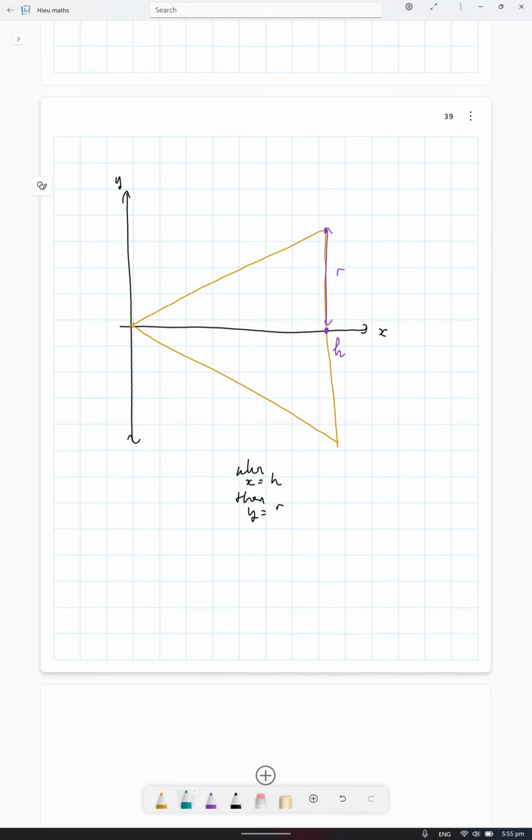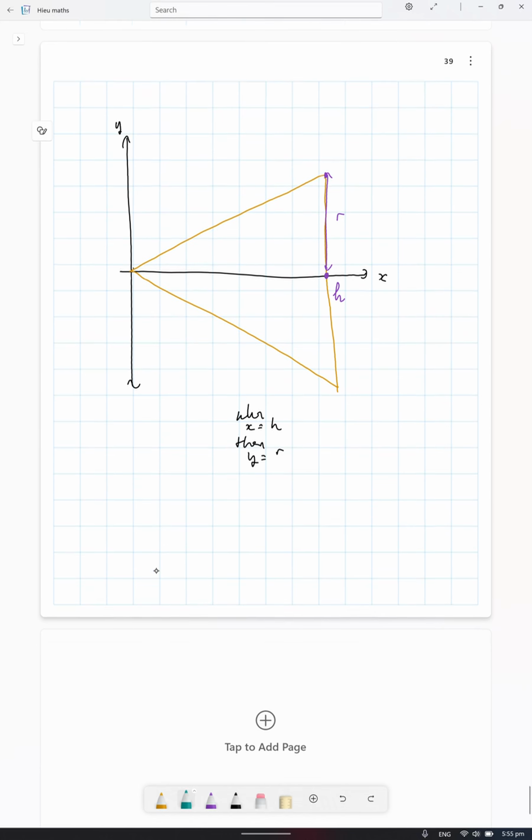The idea is that if I take this triangle, the large one, it has a ratio, I'm going to draw a new one, of r to h, right? And I want to find a general form of this. So let's imagine there's a smaller triangle with a ratio of y to x.